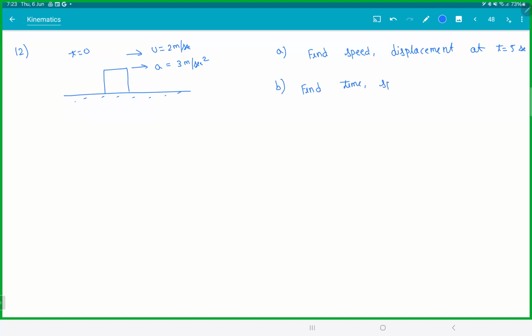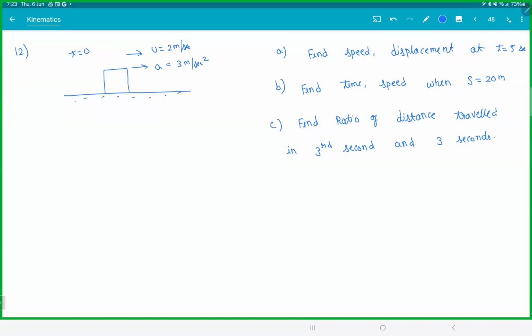Find time and speed when s is equal to 20 meters. Find ratio of distance traveled in third second and 3 seconds. They're completely two different things.